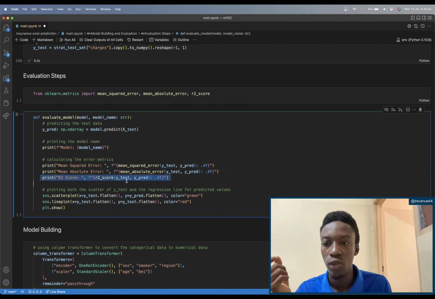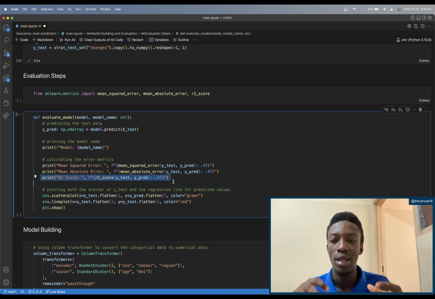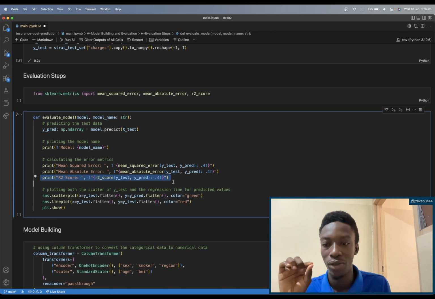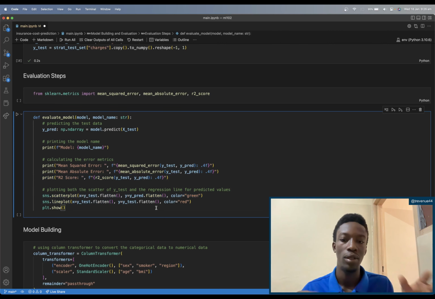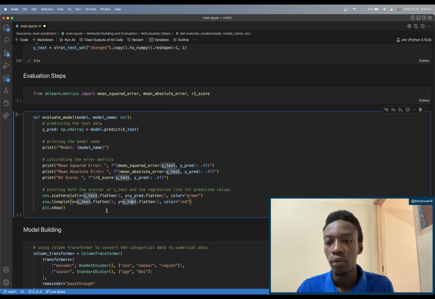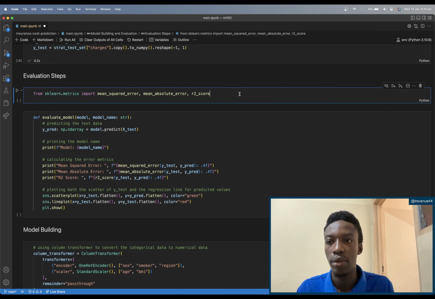I'll print out the R2 score, which is the major thing that I'm using to score models on this particular project. I also do a scatter plot of the predictions and the actual data points. I'll show you how that looks in a sec. So let's go ahead and run this and make sure that we are good to go.